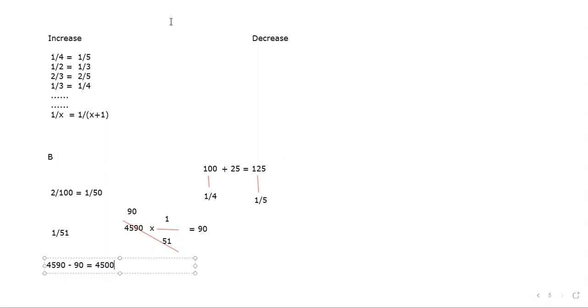And similarly, in case of a decrease also. Let's suppose there is a 1/5 decrease. A 1/5 decrease would be equal to a 1/4 increase of the new figure, and a 1/6 decrease would be equal to a 1/5 increase in the new figure.